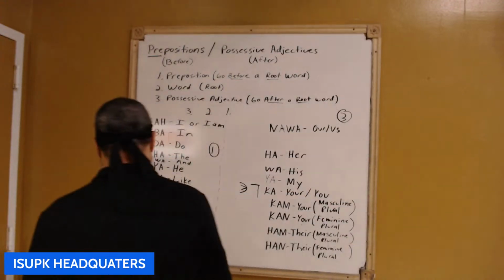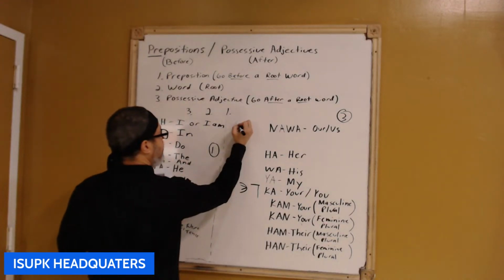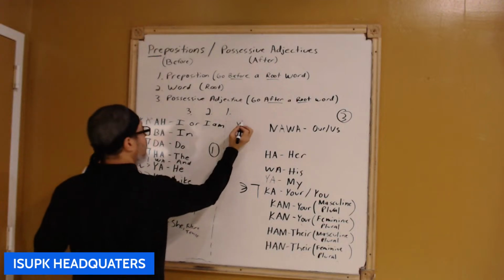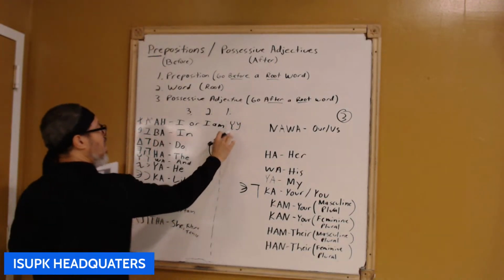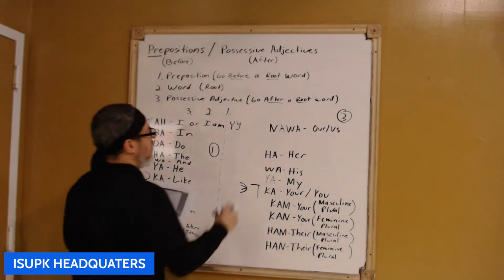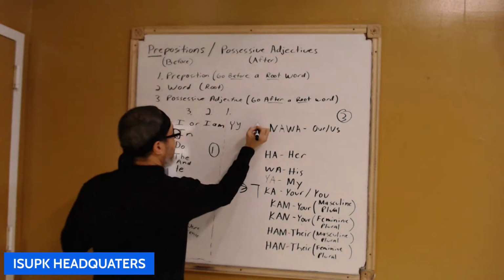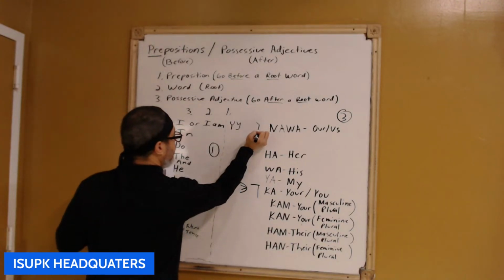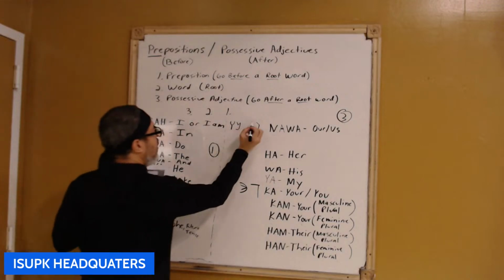So we have Na, Wa. So that's in the ancient, Na, that's your N, Wa. In the modern, we have the na, that's the N, and then the wa.